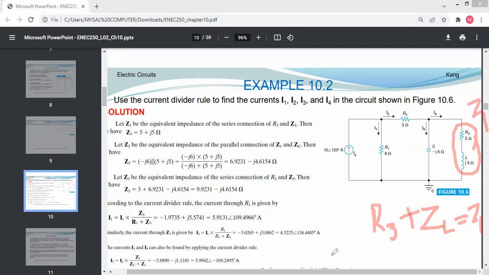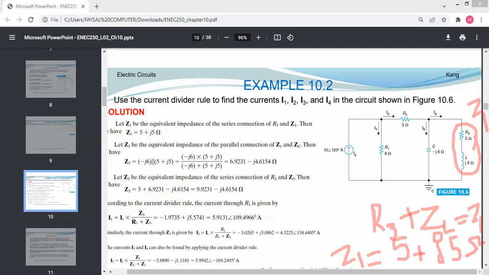Z1 will be equal to R3, which is 5, plus the value of ZL, which is j5 ohms.